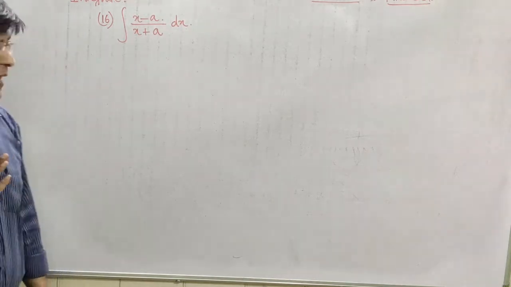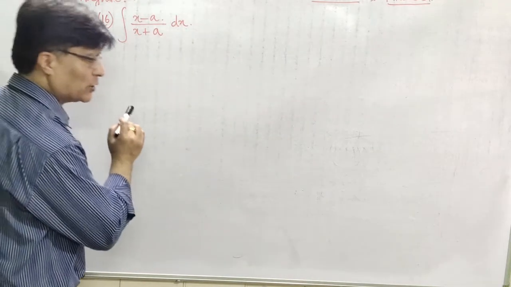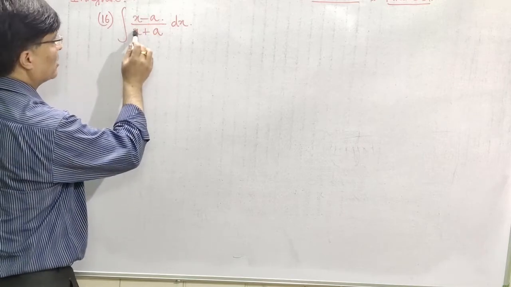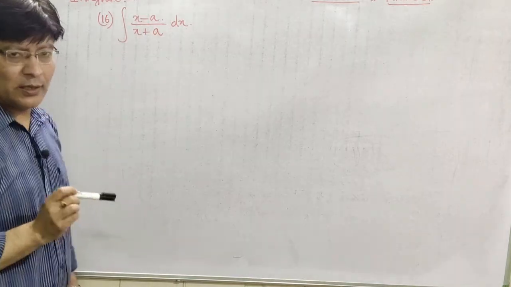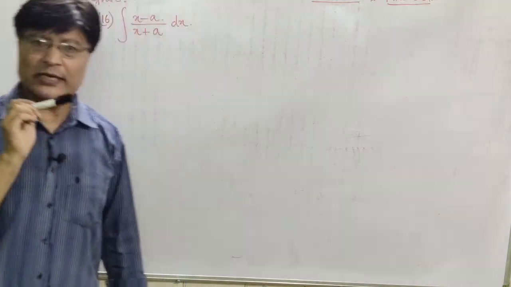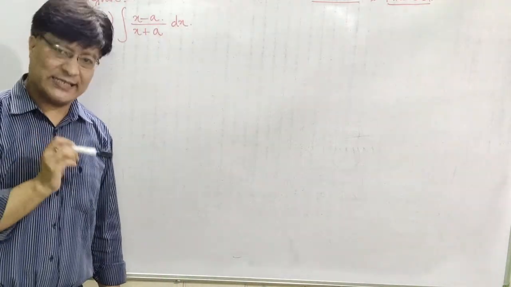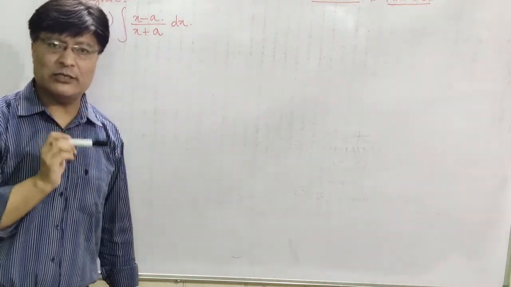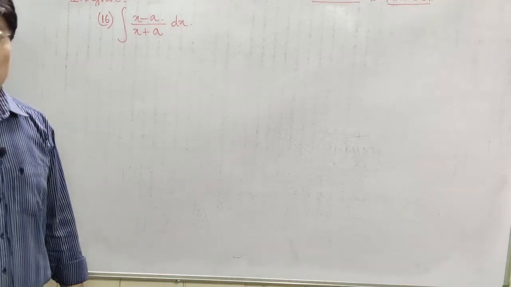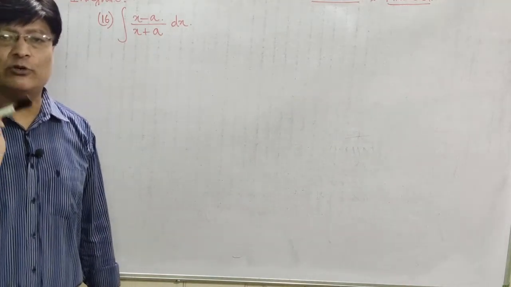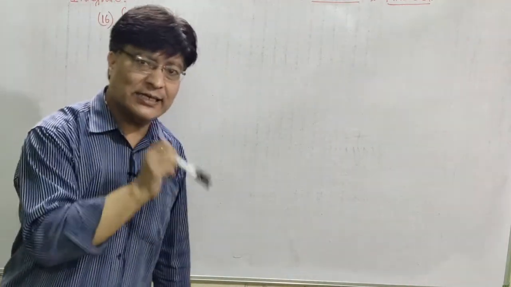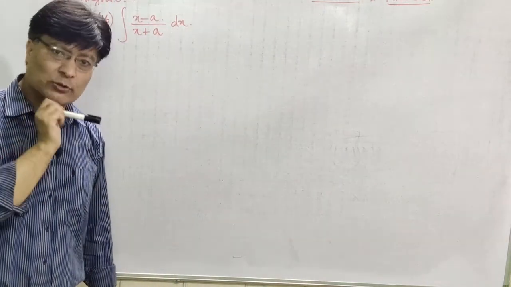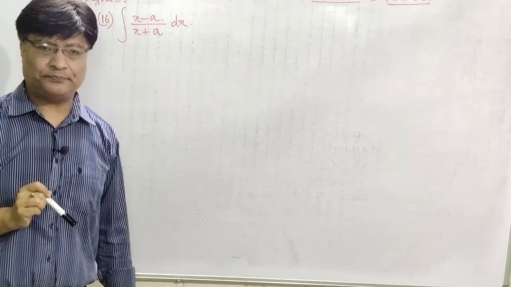So the method here is that, let us see this expression. Here the power of x is 1. In the denominator also the power of x is 1. If the highest power of x in the numerator and the denominator are the same, then whatever is there in the denominator, you have to write that expression in the numerator.